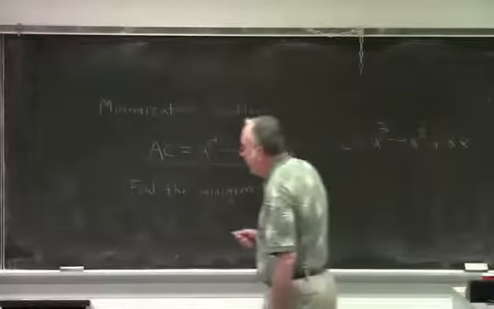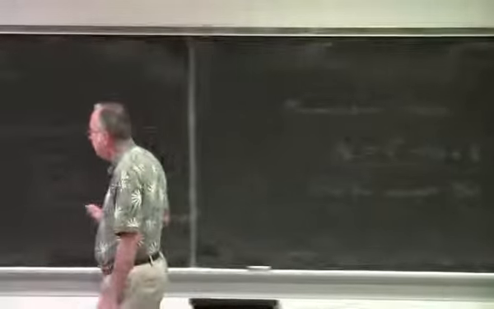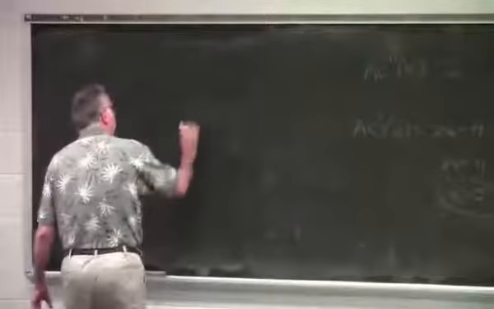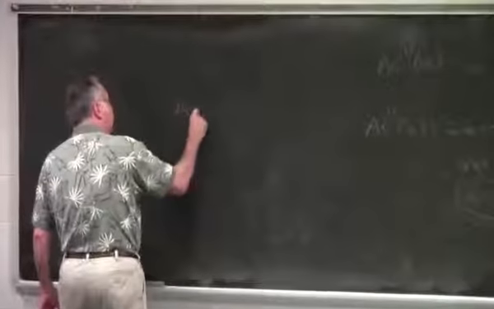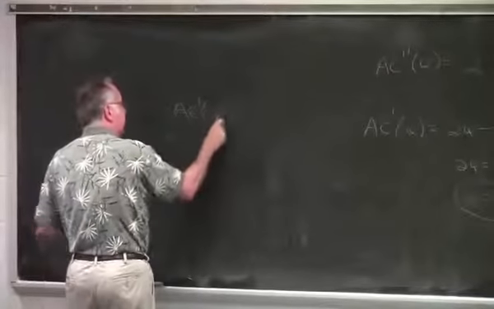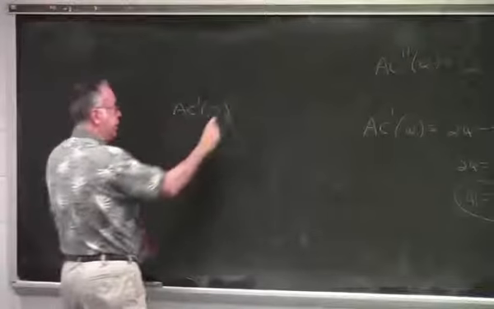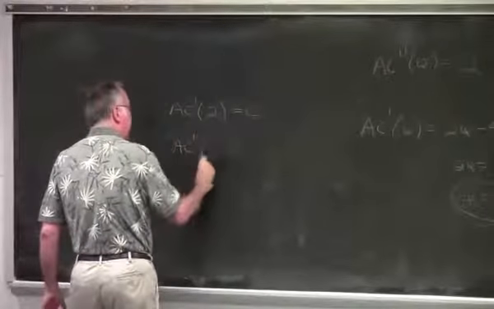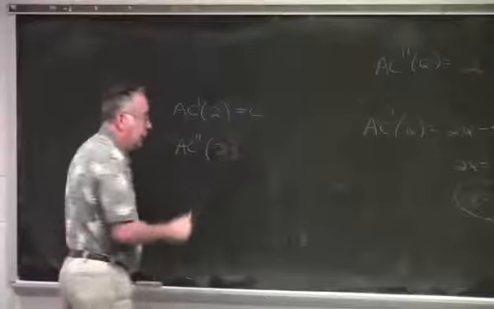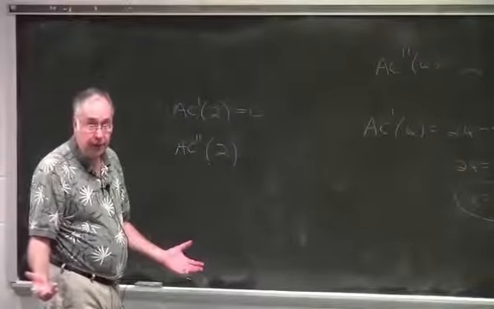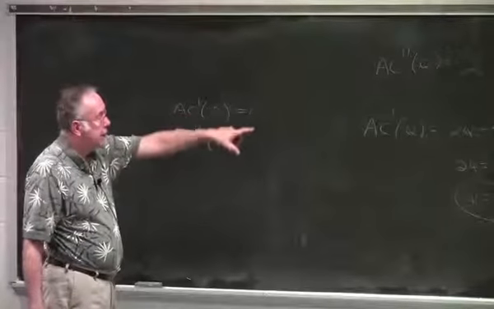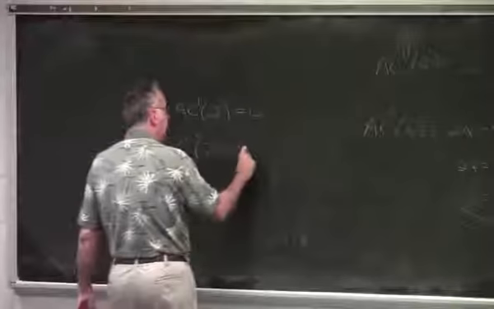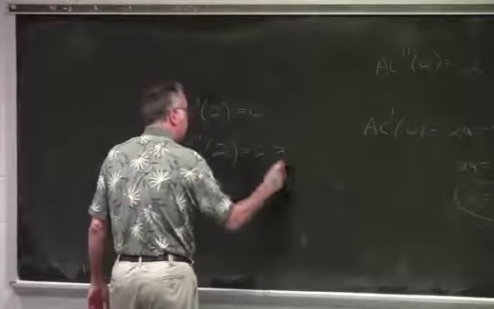Let me just summarize this. We found that the first derivative at q equals 2 is equal to 0. We find the second derivative at q equals 2, in fact at all values of q, because the second derivative is just a constant, and that is greater than 0.